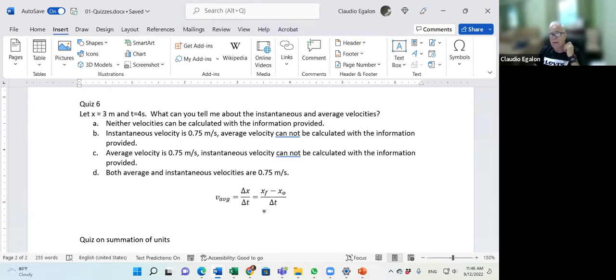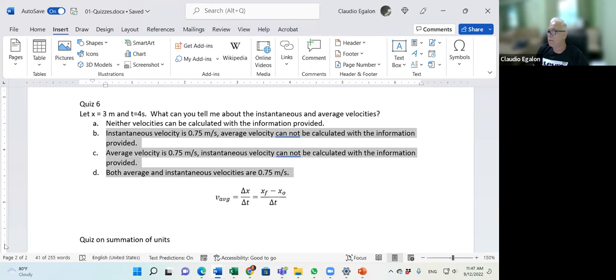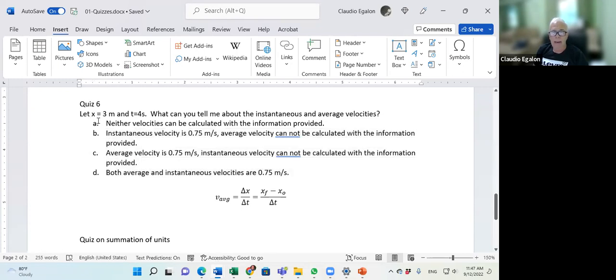Especially the instantaneous velocity, that's far more difficult to calculate. So everything else should be incorrect. You do not divide one by the other.